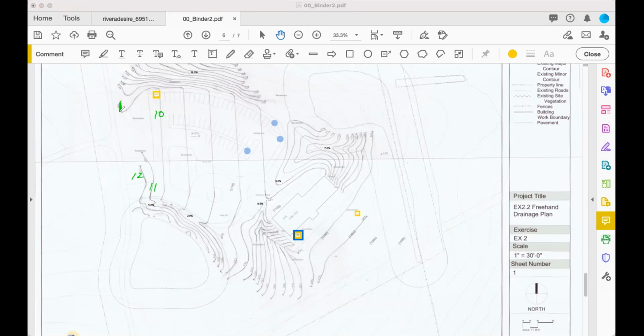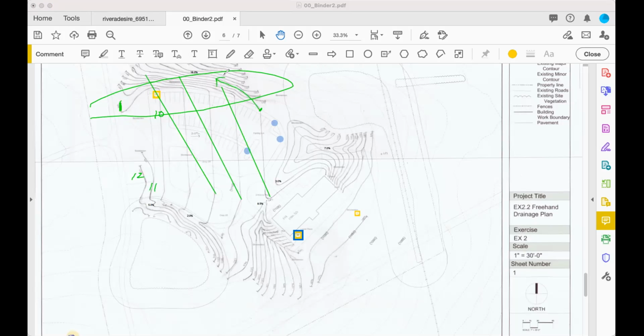So it seems like things are stacking here. Rotating your contours in this direction would help reduce that stacking, because you can see we're moving your connection points from here to there.